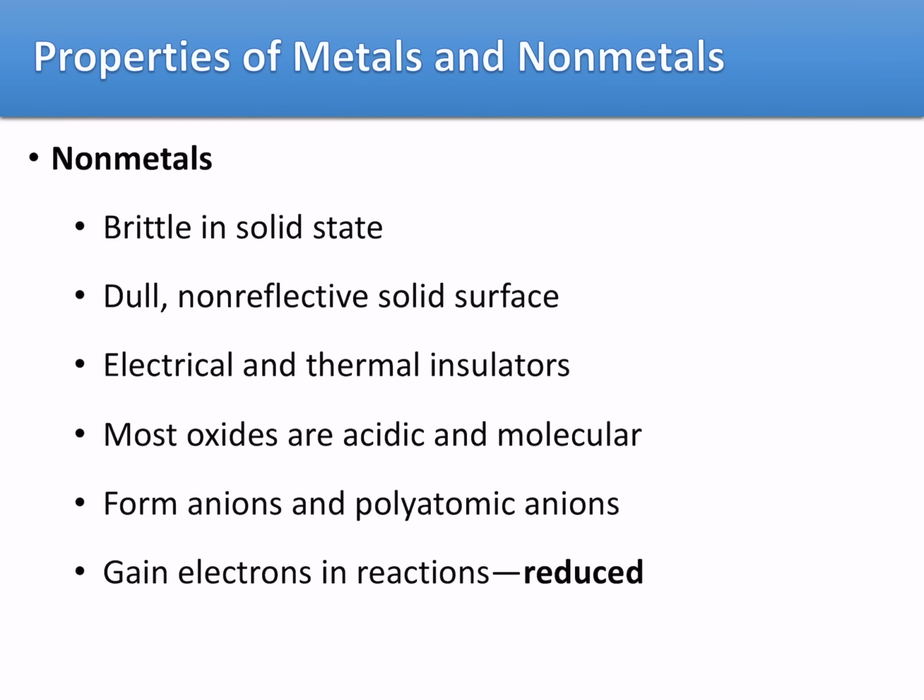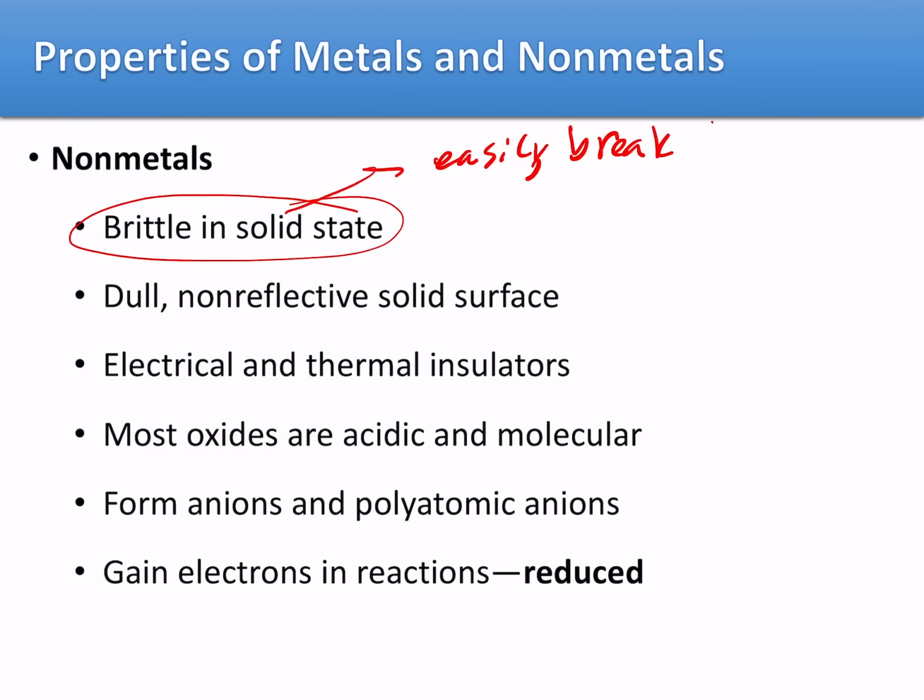Now, on the other hand, non-metals are practically the opposite. If you can make shapes out of metals, that doesn't happen with non-metals. They are brittle, meaning they easily break down. They are not shiny, non-reflective, totally the opposite.